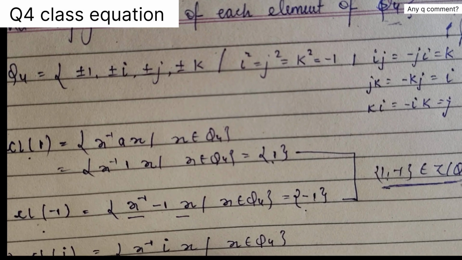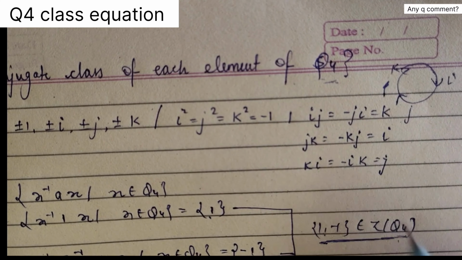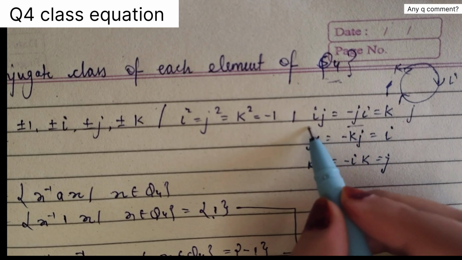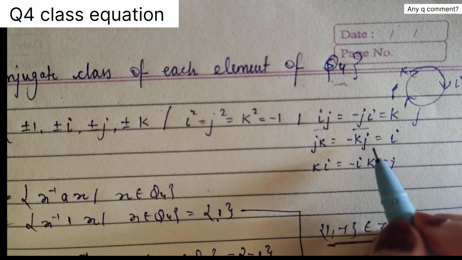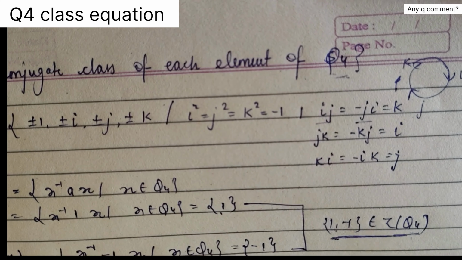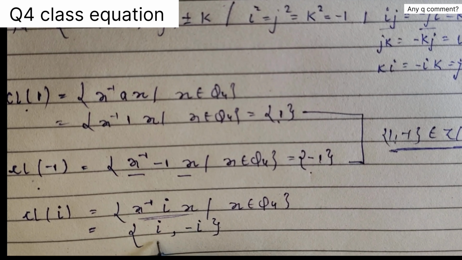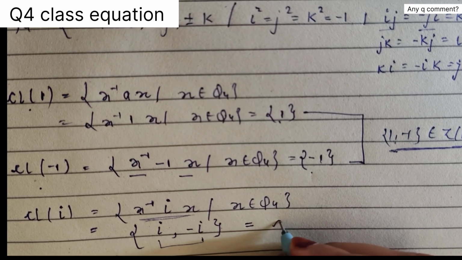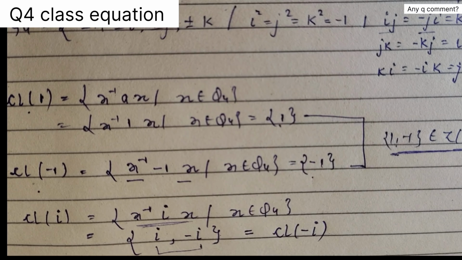From the definition, we have ij minus ji. If it is in the clockwise direction we get positive, if it is in the opposite direction then we get minus i. That is why the only possibilities for this are these, and this is equal to the class of minus i also.